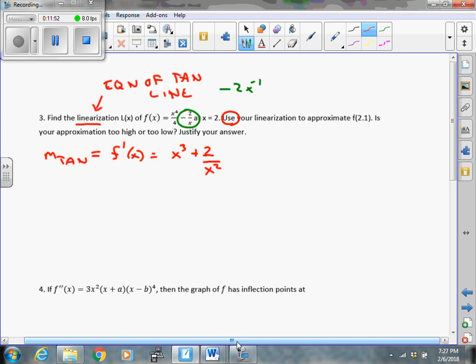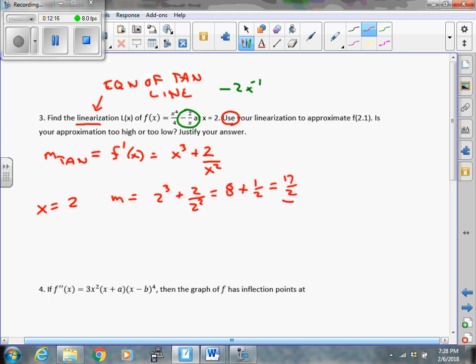Okay, there's my derivative. Now I need to know where I want this slope. I want the slope to be at x equals 2. So my slope is 2 cubed plus 2 over 2 squared, which equals 8 plus 1/2, which is 17 halves.